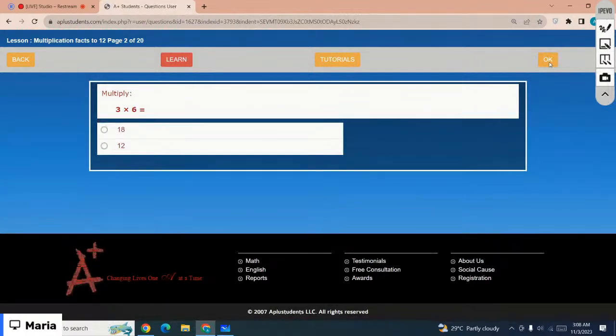Okay, the next one is 3 times 6. 3 times 6 equals, you can add 3, 6 times, or you can add 6, 3 times. In both the situations, the answer must be same. If you add 6, 3 times, that would be 18, not 12.